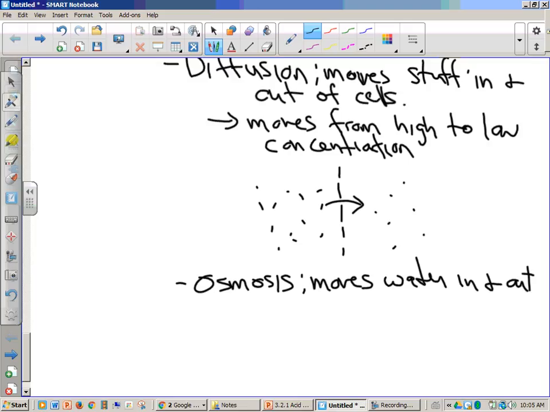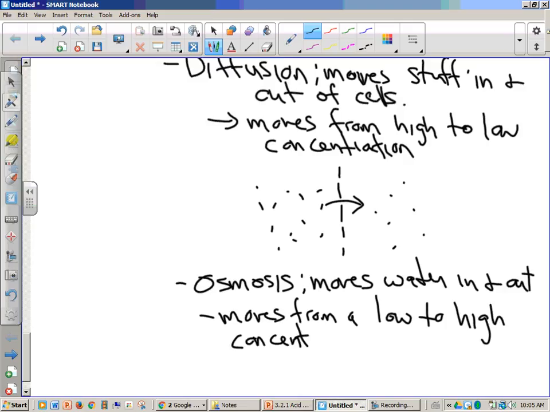So it goes from the low concentration to the high concentration of salts.